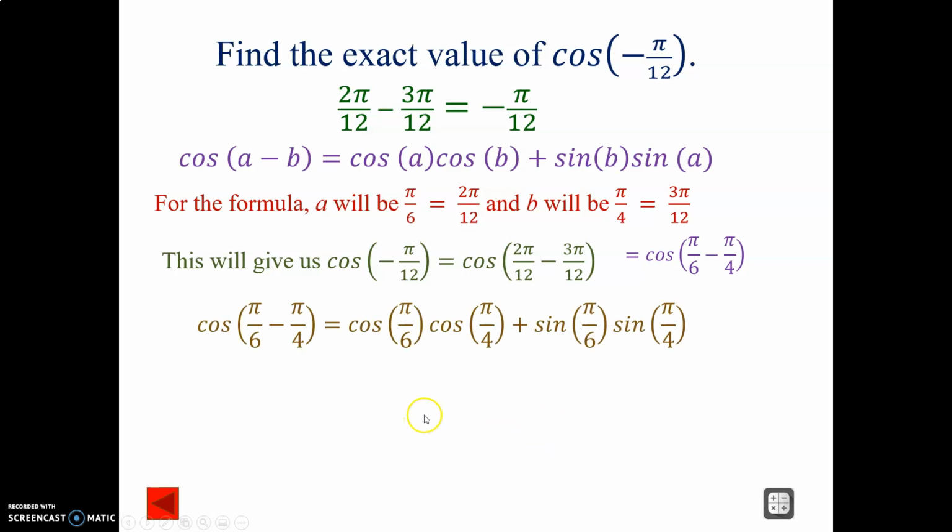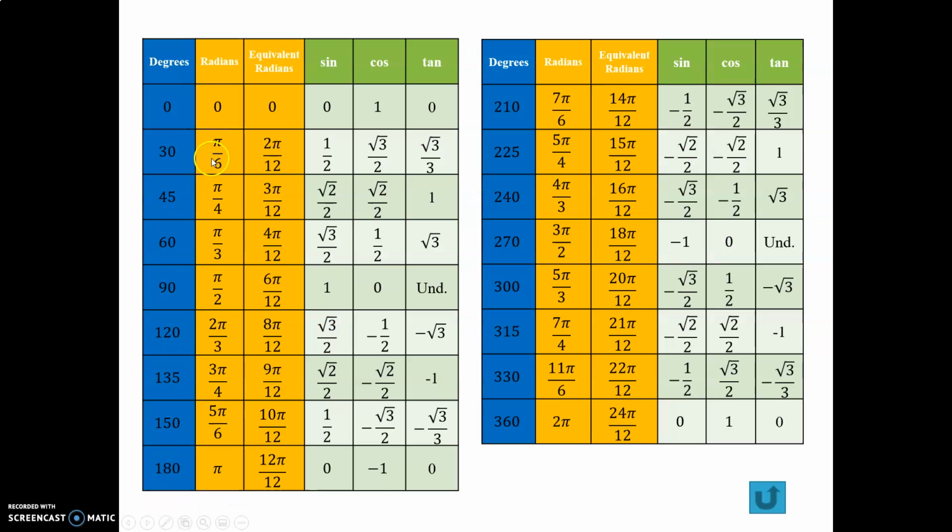So when we put it into the identity, we'll be looking at cosine and sine of pi over 6 and pi over 4. Pi over 4 we should know by now, that's our radical 2's over 2's. So let's confirm the pi over 6. Pi over 6, which is 30 degrees, is the 1/2 and the radical 3 over 2.